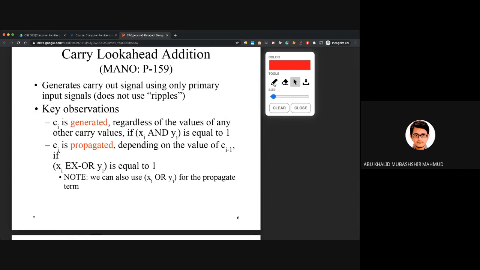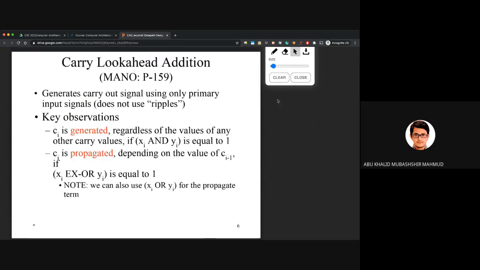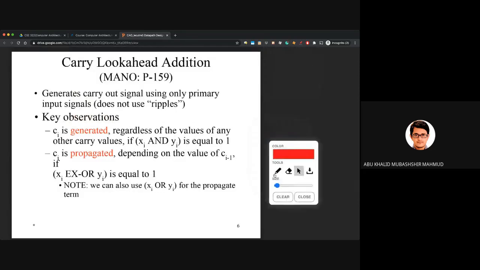I'm going to leave it as self-study. Use your digital electronic books for this topic, the famous book of Maurice Mano. It's not so important in a computer architecture course, so I'm going to skip it for now. So let's move on forward.